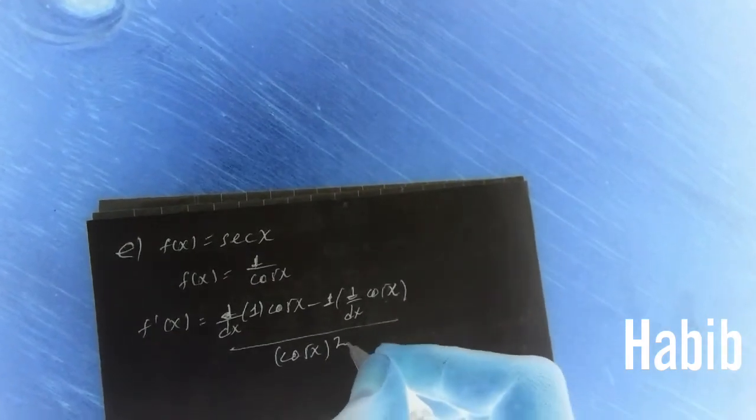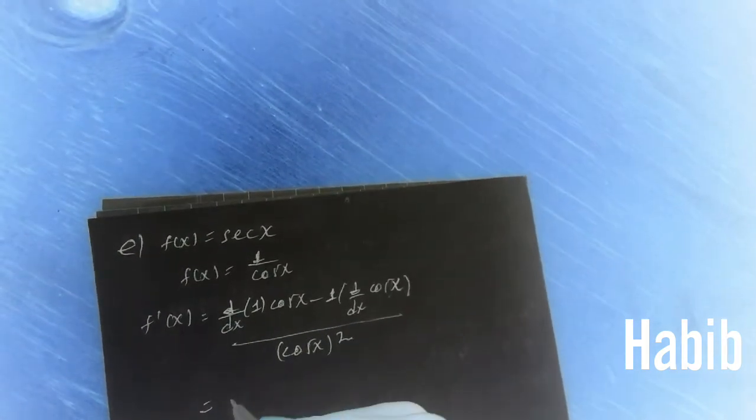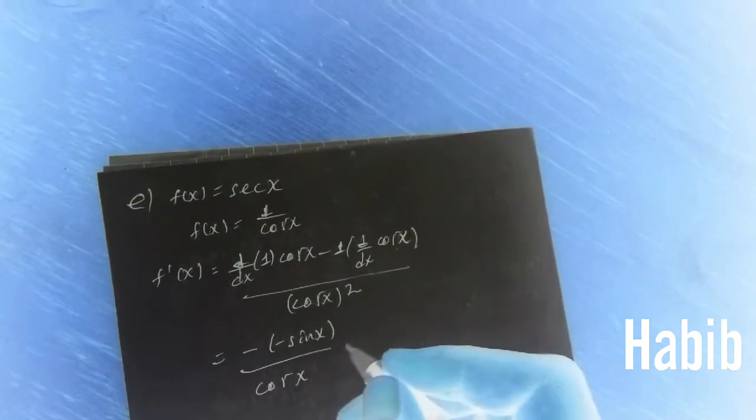Since the derivative of a constant number is 0, this one is 0, therefore 0 minus 1 times minus sin x over cos x the whole square.